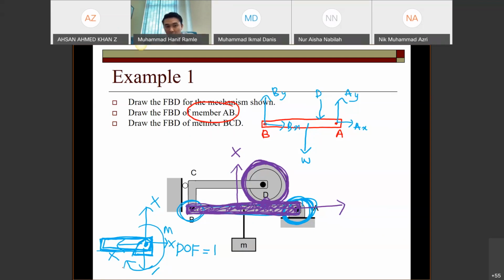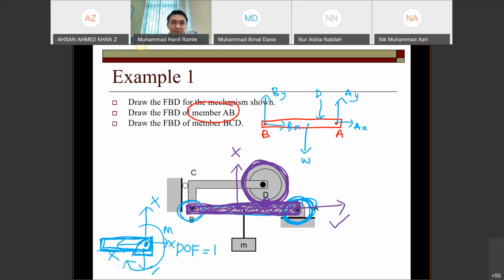A is pinned there. No, I am just considering the purple rigid body. It excludes the A pin and the B pin. Oh, okay. Yeah, it can be done. Okay, great. Meaning that you understand it. So if you include the A pin, meaning that it cannot be moved.